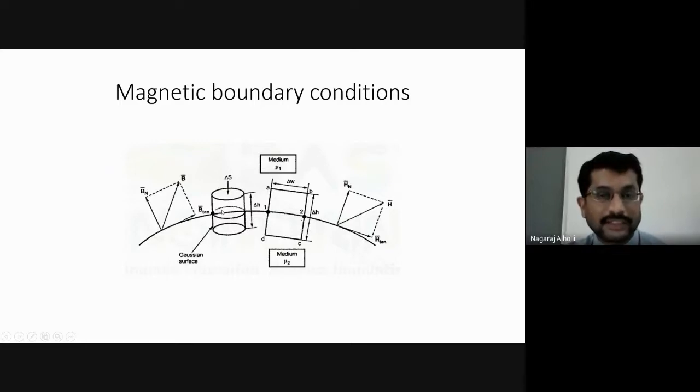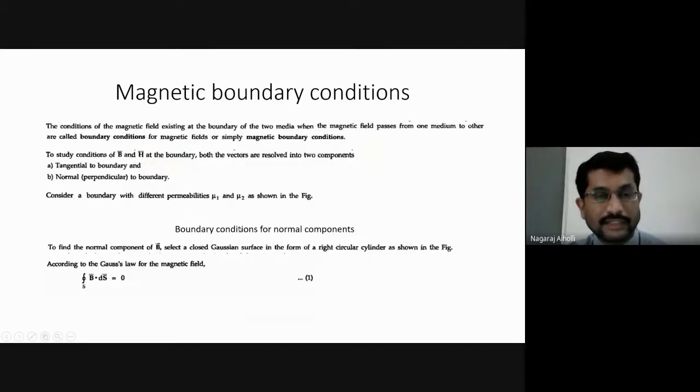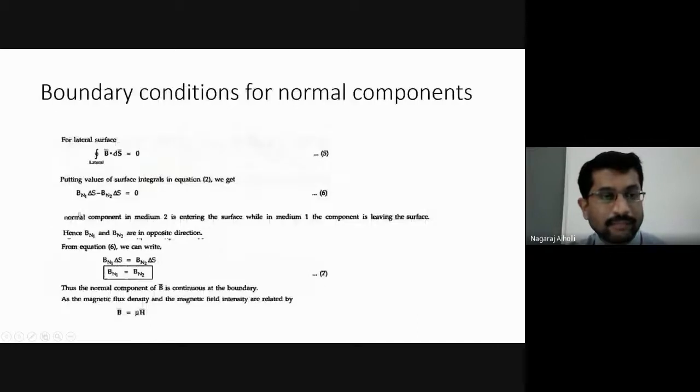Correct? Because Bn1 is above the boundary, it is entering the boundary, whereas Bn2 is leaving the boundary. Bn2 is in medium 2, Bn1 is in medium 1. So we are getting Bn1 is equal to minus of Bn2, and hence the formula will be Bn1 delta S minus Bn2 delta S, which will be equal to 0.